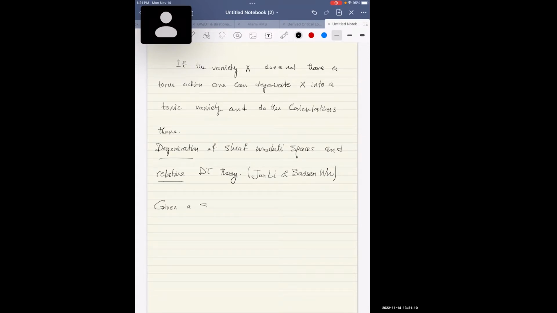Given a smooth projective threefold, I want to work on threefold, X, and a smooth divisor, D, which is a subscheme of X, a subvariety of X. We are interested in subschemes of X which intersect D transversely.